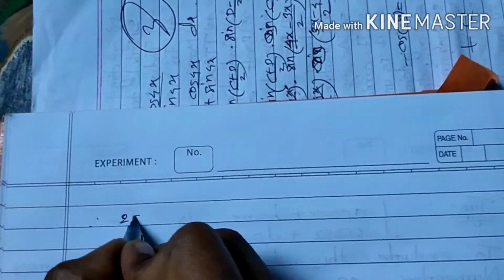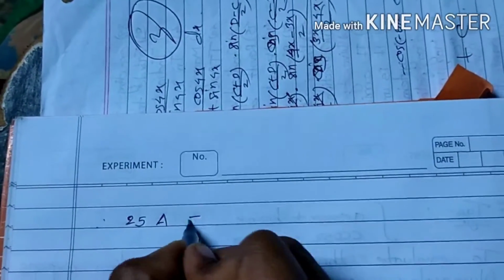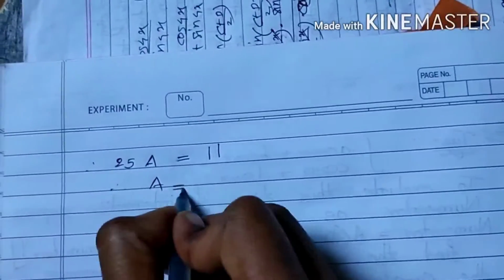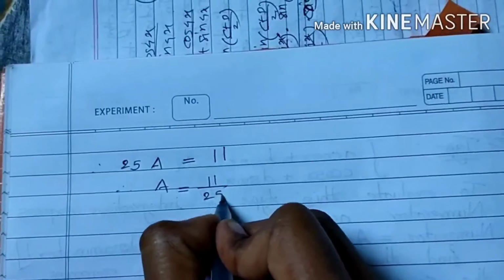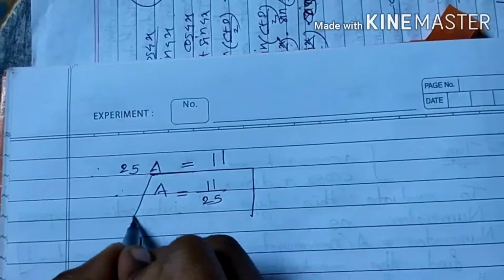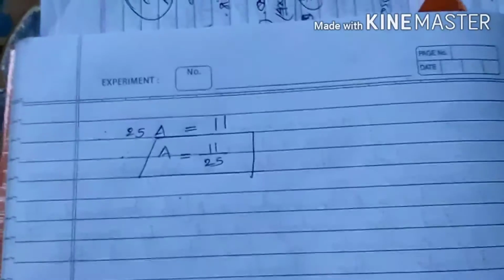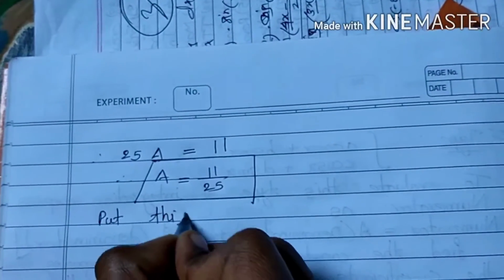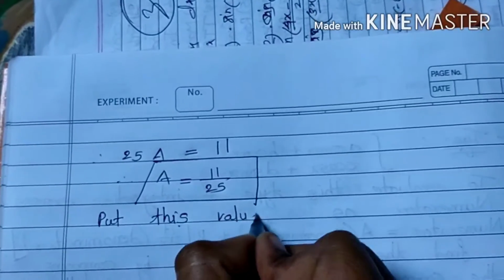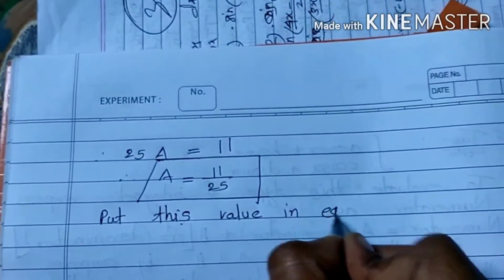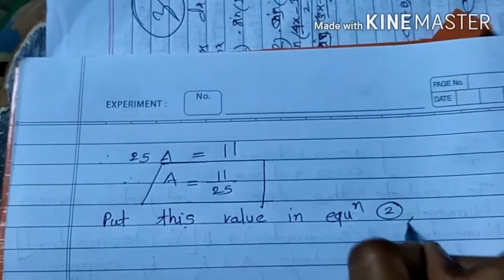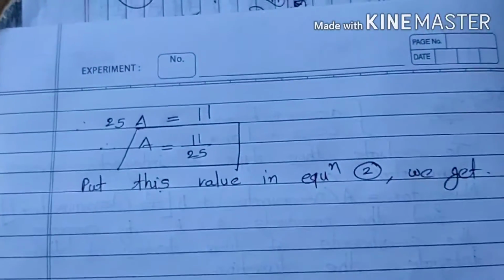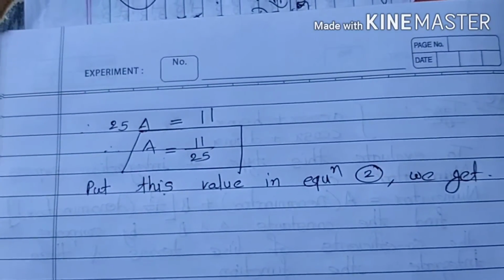Therefore 25a is equal to 11. Therefore a is equal to 11 upon 25. Put this value in equation 2. So equation 2 is 3a minus 4b is equal to 1.